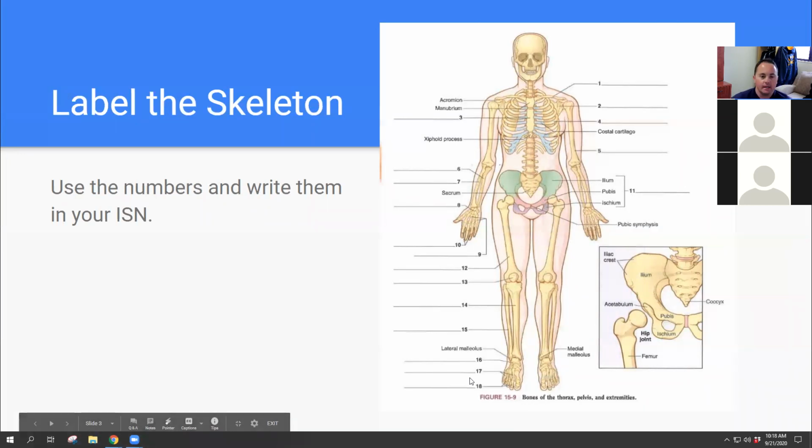I want you to label those bones in your ISN. Very good.